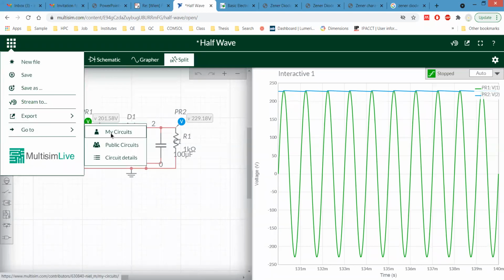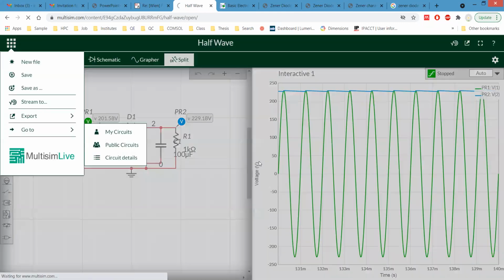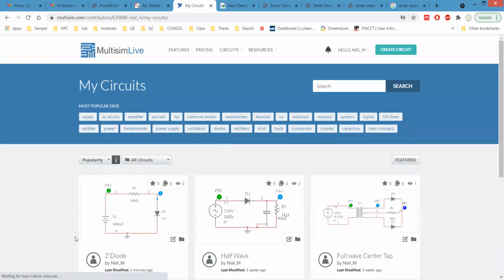Okay, no issue. After that, we have to go to the line regulation and load regulation circuit, right? We can draw it here only.